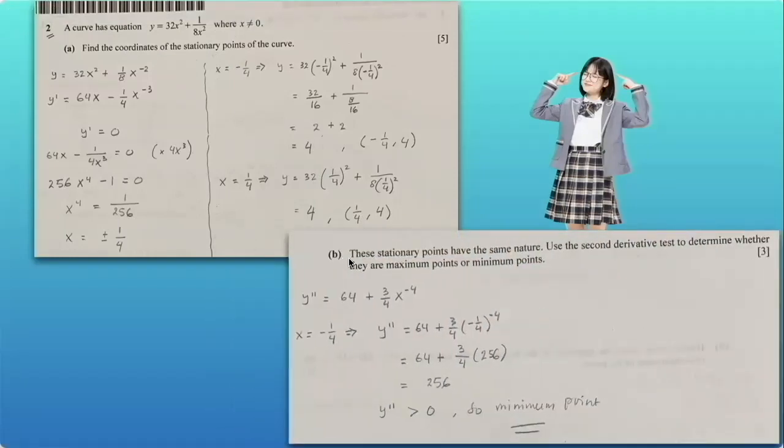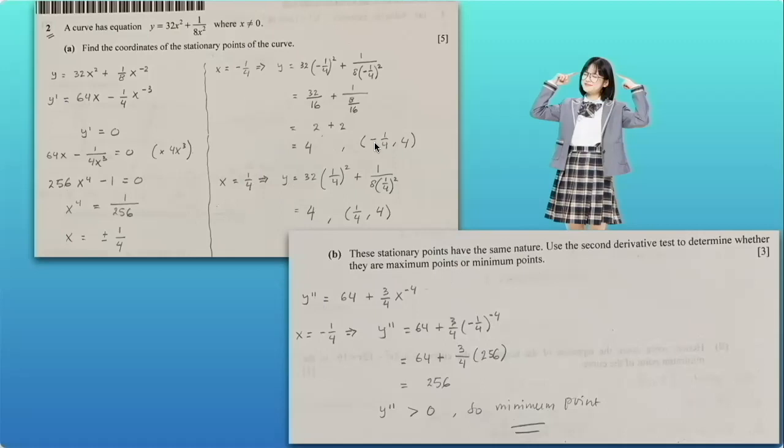Part B, these stationary points have the same nature. Use the second derivative test to determine whether they're maximum or minimum points. So what we can do, we differentiate y dash to get y double dash or second derivative, and we substitute one of the x values. Because the question says both points have the same nature, so I just choose one of these.